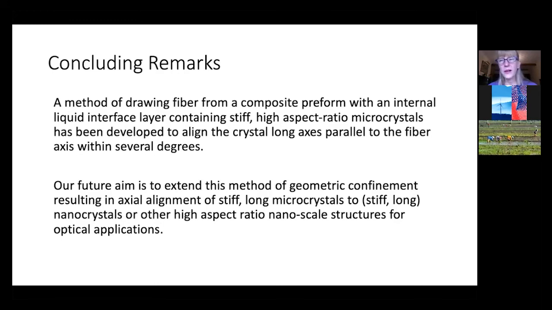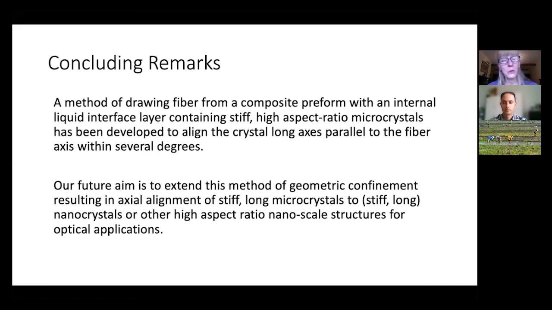So we'd like to further develop this method where we ensure that the small scale structures that we're using are fairly purely individual crystals, so that we don't see the misalignment that we saw with the V-shaped crystal.